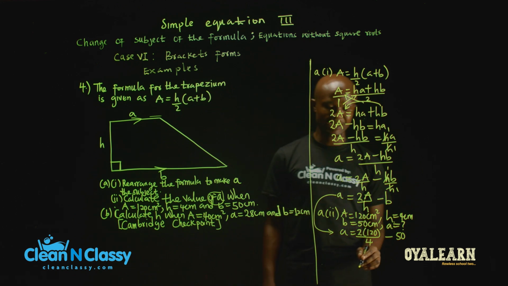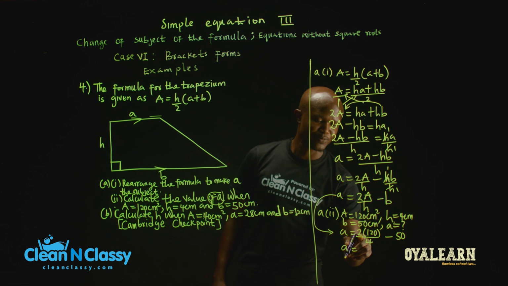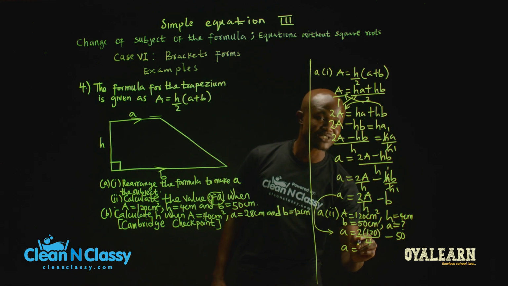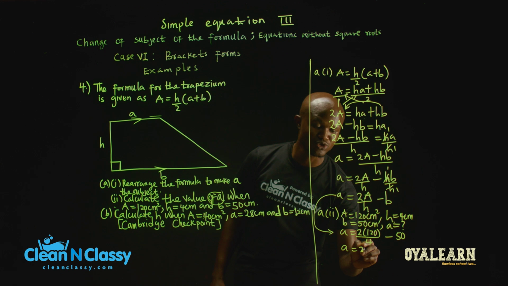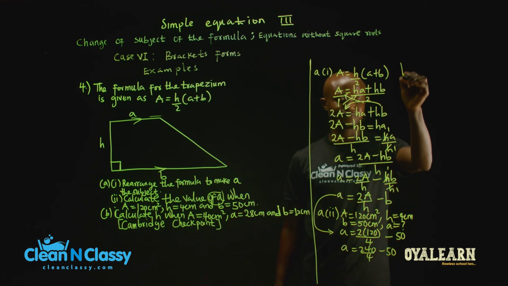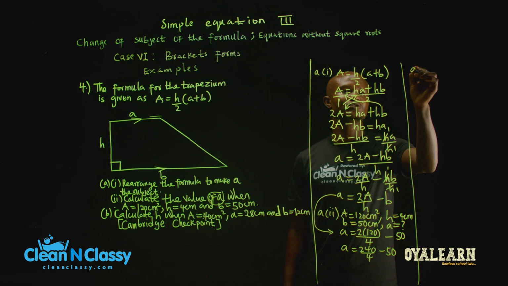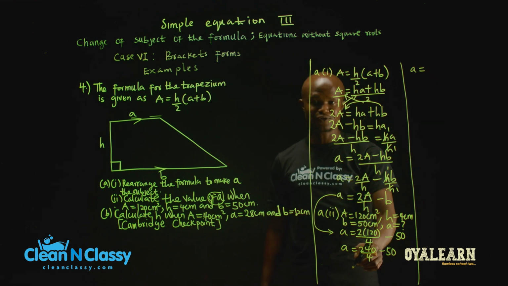Now from here we have a equals 2 times 120, that is 240 divided by 4 minus 50. Now a will be equals to 240 divided by 4.